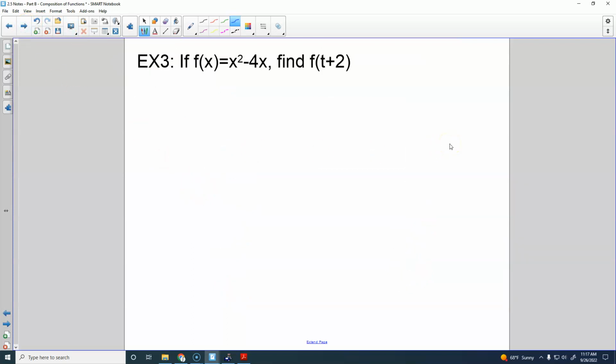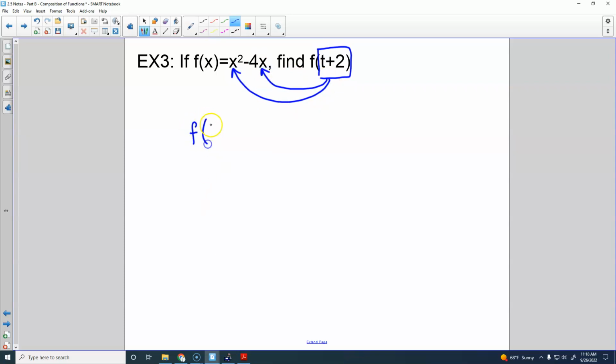All right, let's look at one like example 3. Okay, so I'm given f of x equals x squared minus 4x. I'm asked to find f of t plus 2. This means I'm taking t plus 2, I'm plugging it in for my x's.